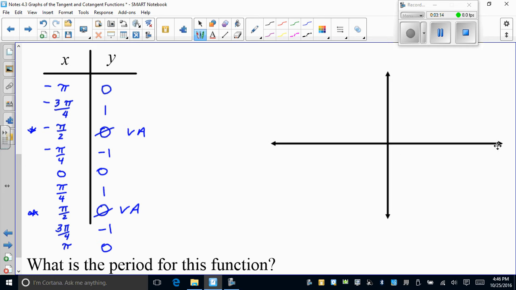So how long is my period for this one? That's the question down here. What is the period for this function? The period is going to be negative pi over 2 to pi over 2, so it's this bit here, which gives us pi.